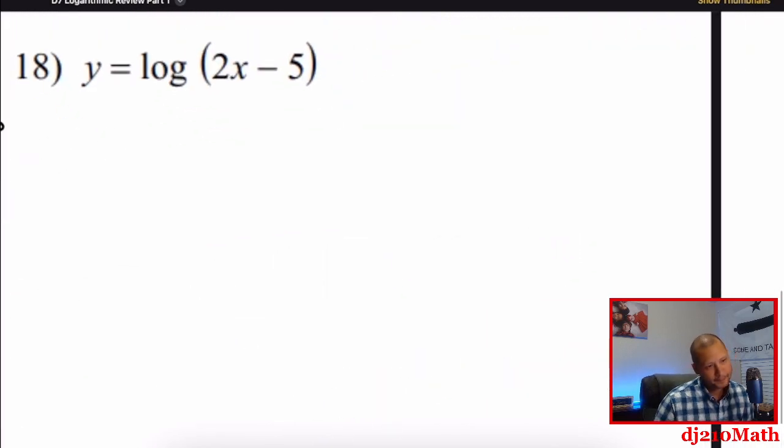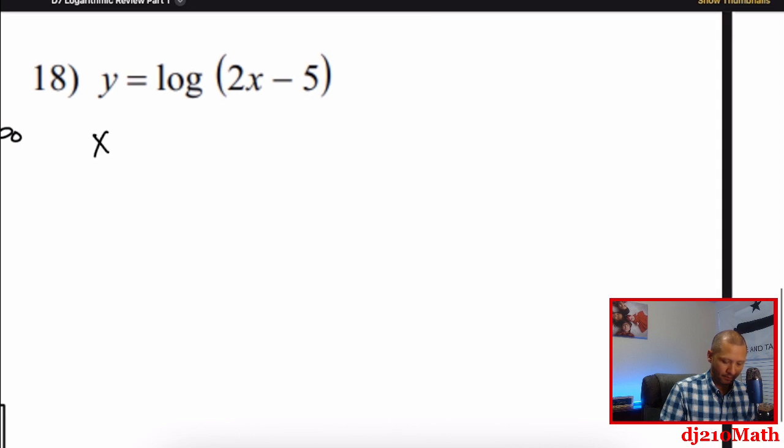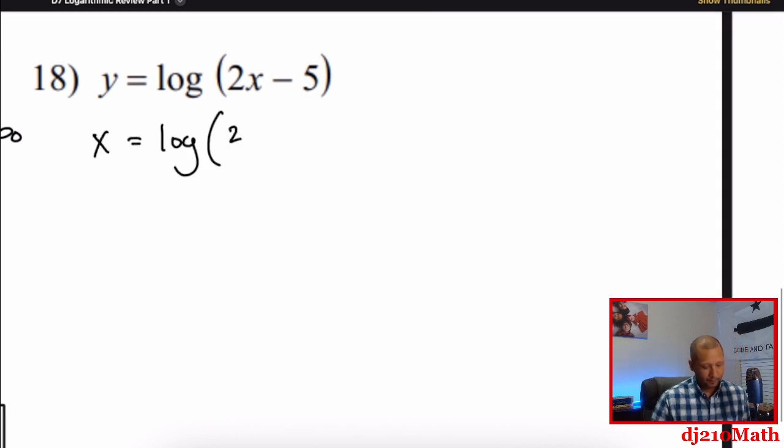All right, 18. Y equals log base 10, right? Log 2x minus 5. Okay. Swapping the x and y. So here, it's understood, right, that it's base 10.